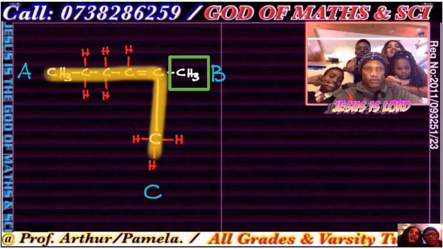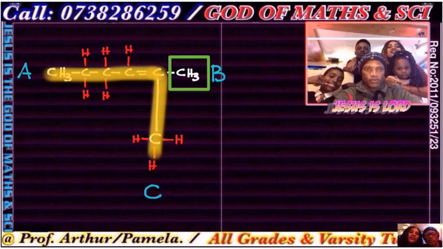All right, before we write the name, the numbering: how do we do it? A to C or C to B, and give me a reason also. Towards the double bond, not towards the branch this time.